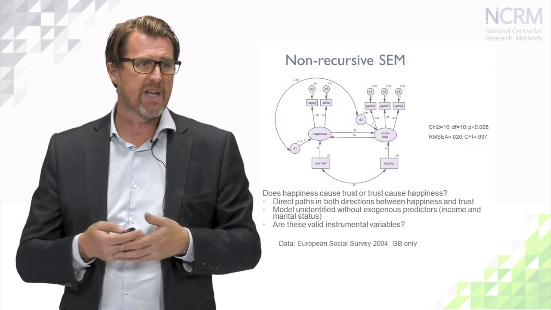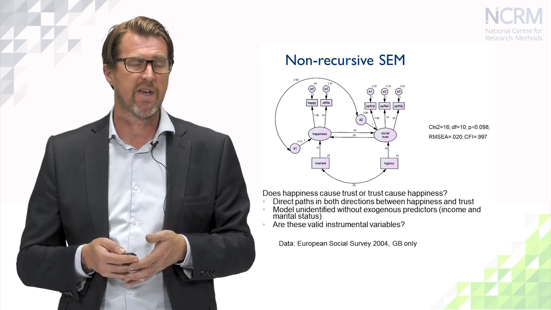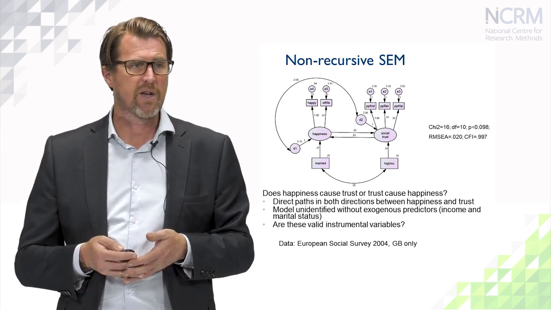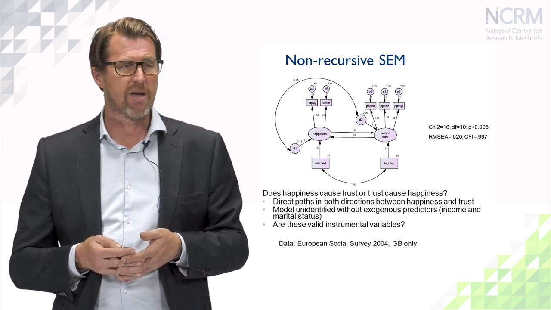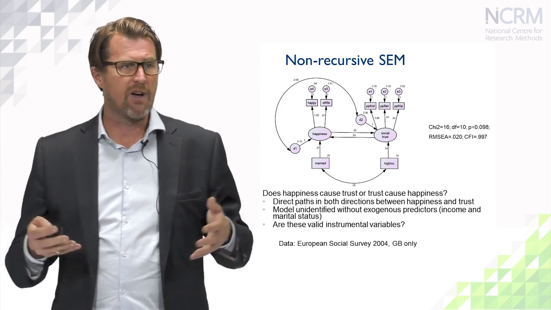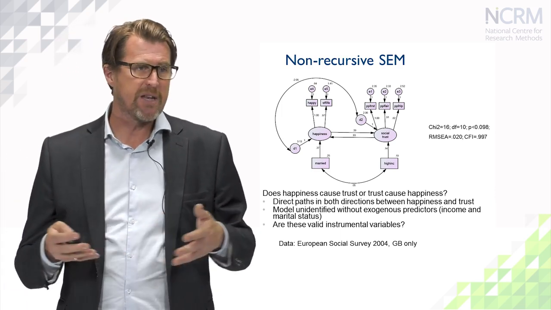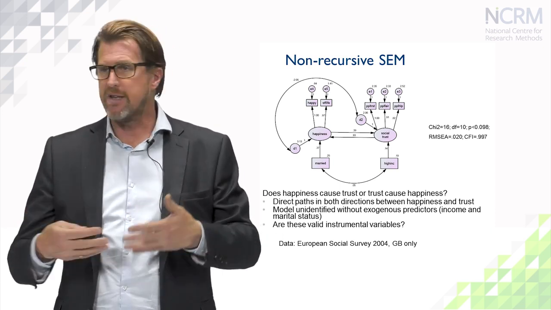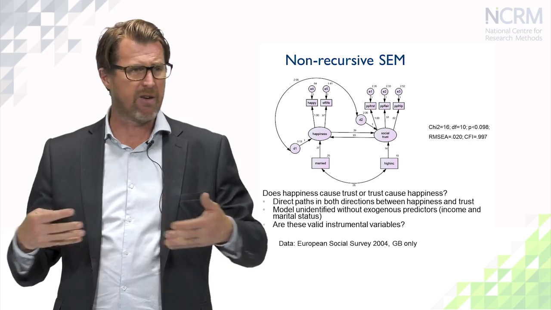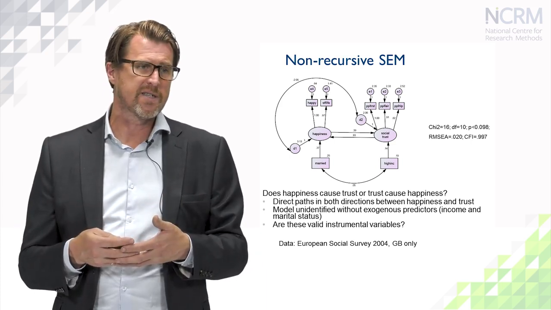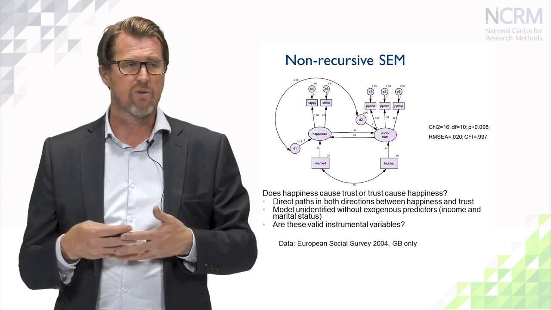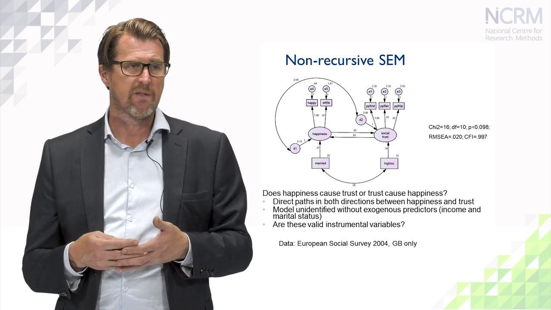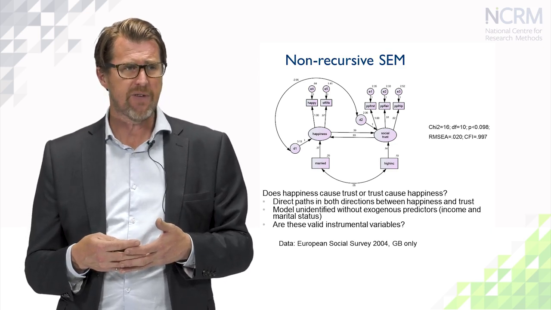Here's an example, again using the European Social Survey data, where we're looking at the relationship between life satisfaction, happiness and social trust. Scholars have been interested in what the relationship is here, and this model specifies reciprocal causality between these variables.